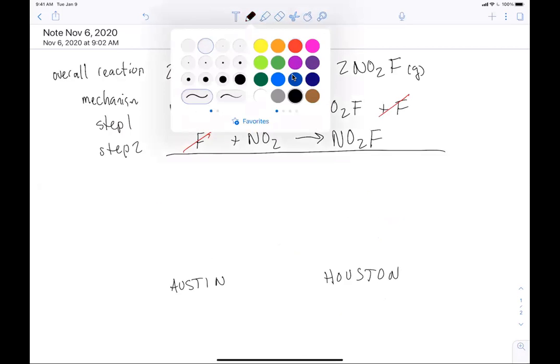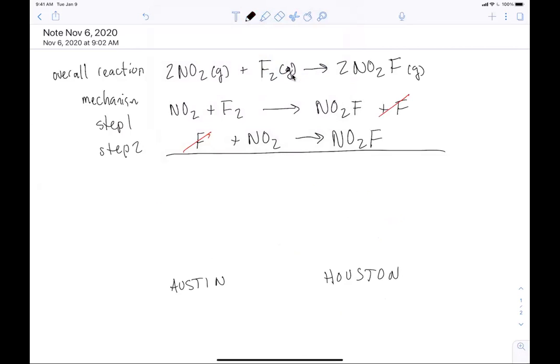What we see is that this adds up to be exactly what the overall reaction is. So I have one NO2, I combine it with another one, I end up with 2 NO2 plus F2 goes to 2 NO2F, because I sum these two up. And so we see that the reaction mechanism should sum up to the overall reaction.